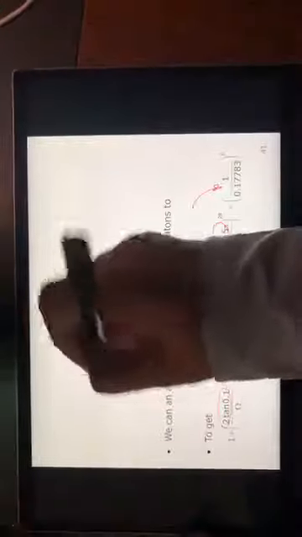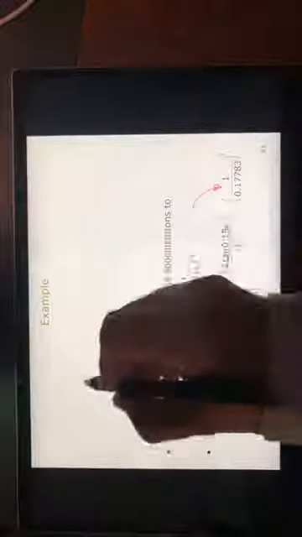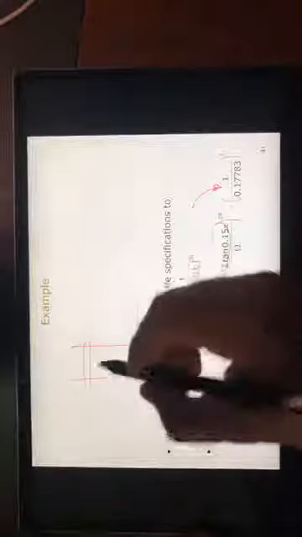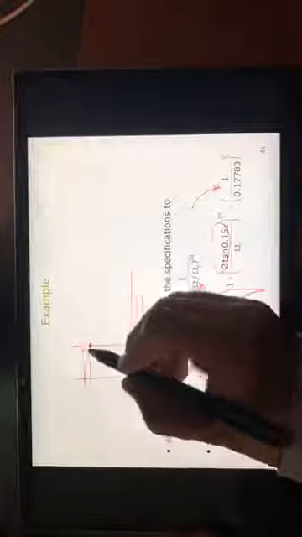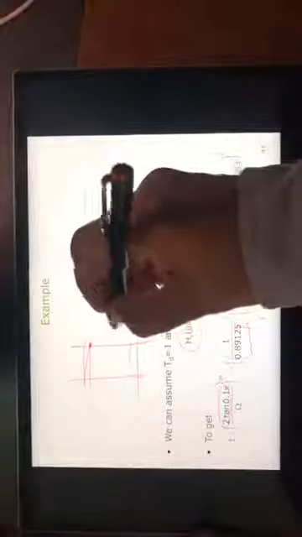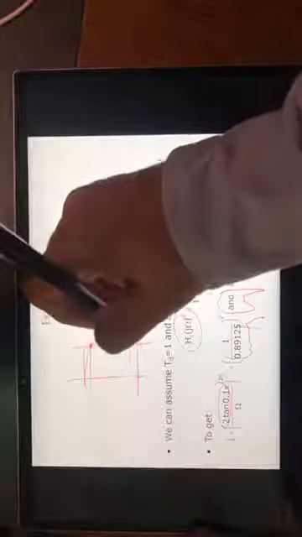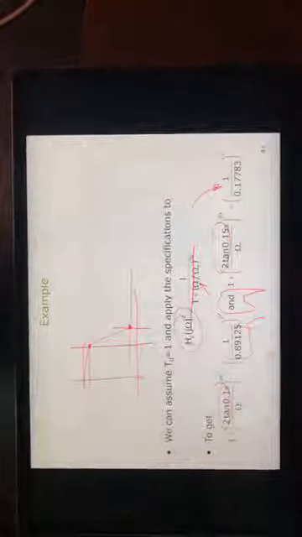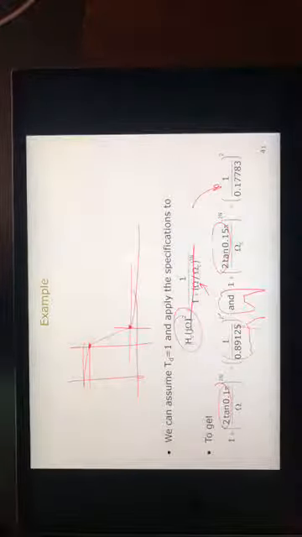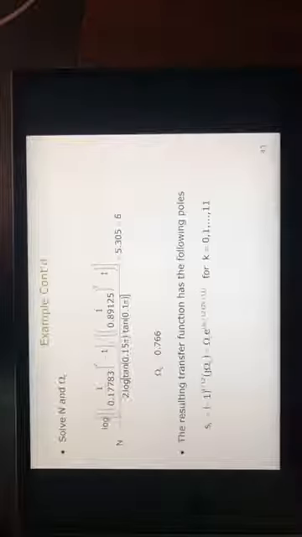Remember that once you have these specs, you put this point and you put this point, and then solve them simultaneously, and solving them simultaneously will give you n.